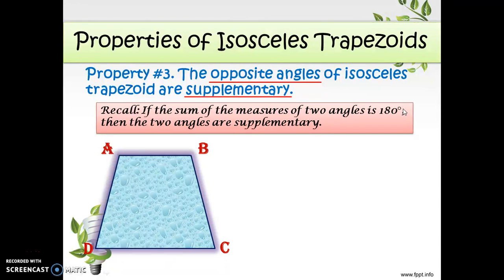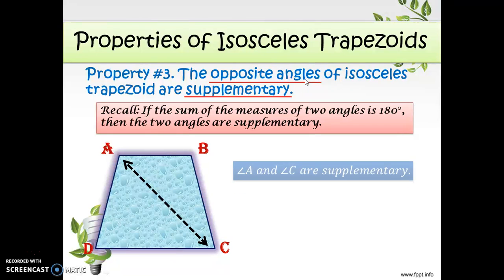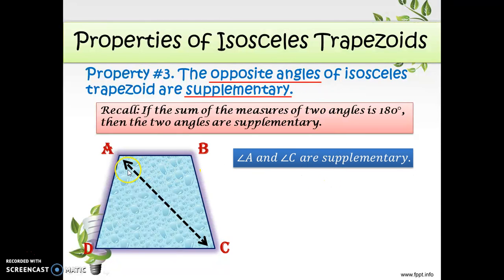So, angle A and angle C are opposite angles. So we can say that they are supplementary. And also, since they are supplementary to each other, we can expect that the measure of angle A plus the measure of angle C is equal to 180 degrees.